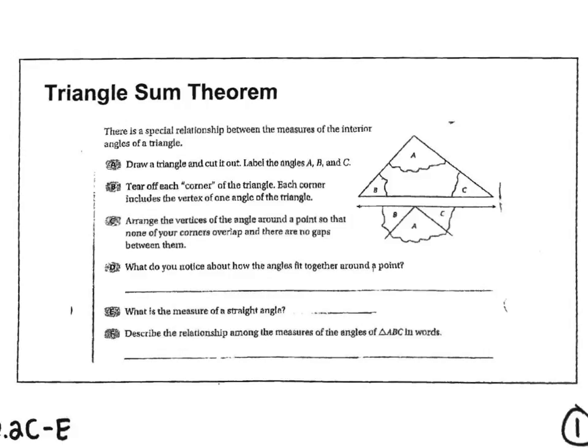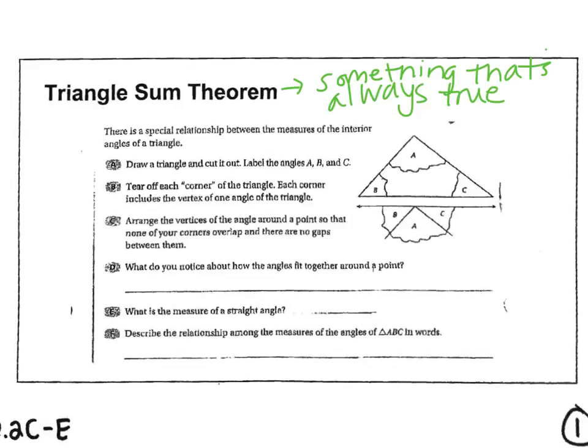So in this video, we're going to talk about two theorems, and the word theorem means something that's always true. And so we're going to come up with some rules that are always true for every single triangle.